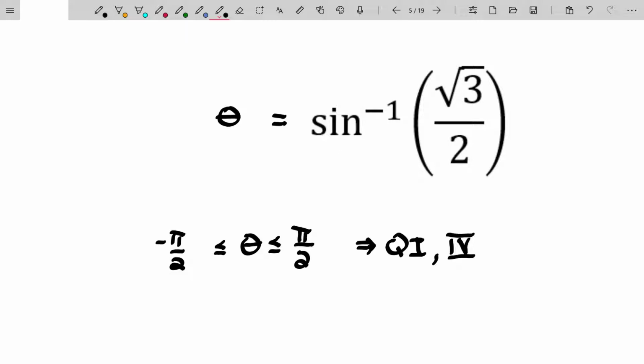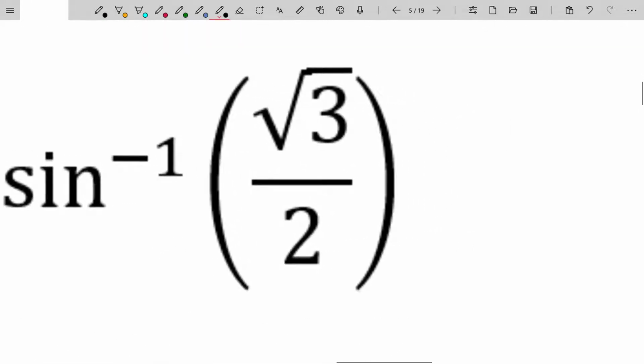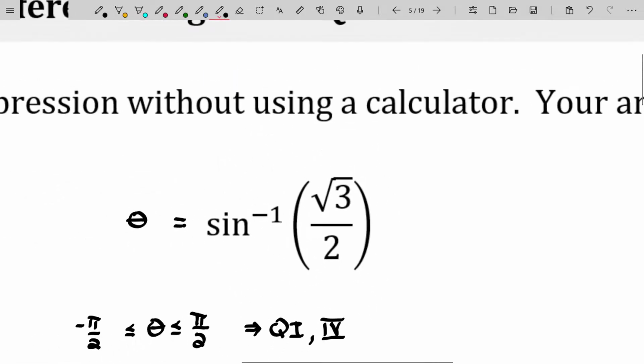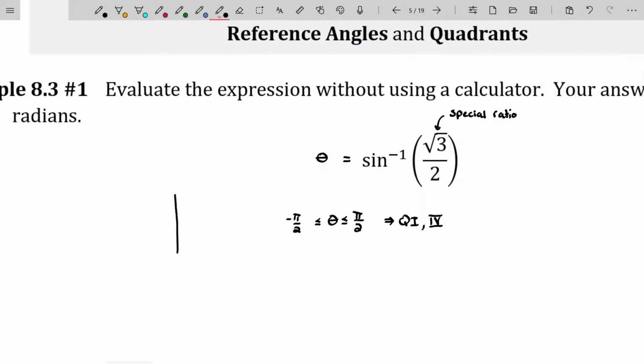The next thing I'm going to do is focus in on that ratio. That is a special ratio. We've seen that before. So I'm going to write special ratio here. And this means I'm going to draw a triangle. My π/6, π/3 right angle triangle.